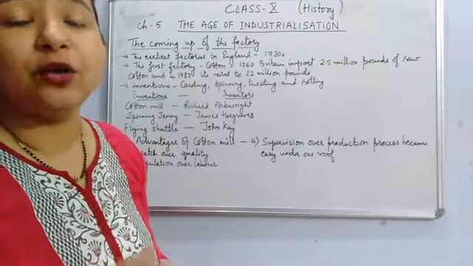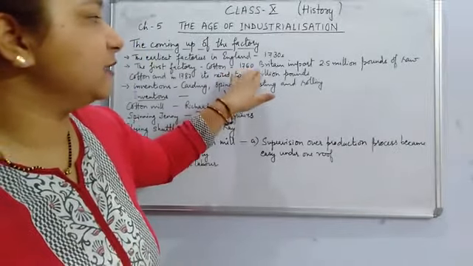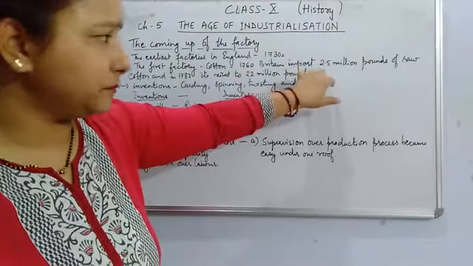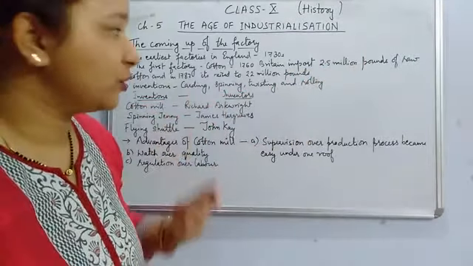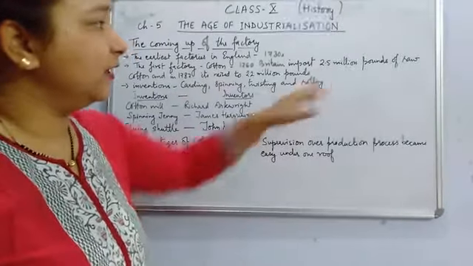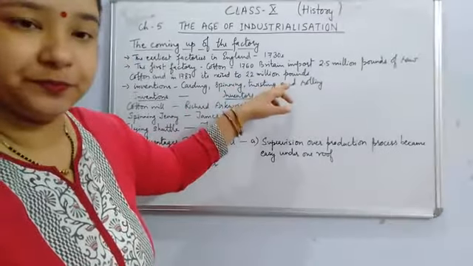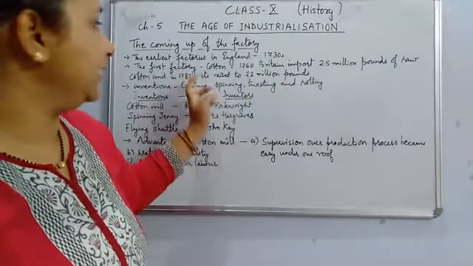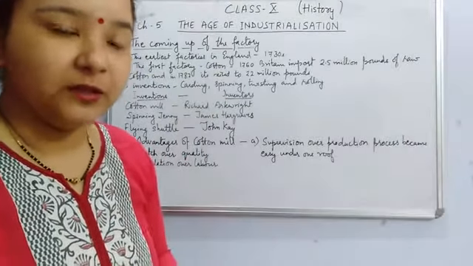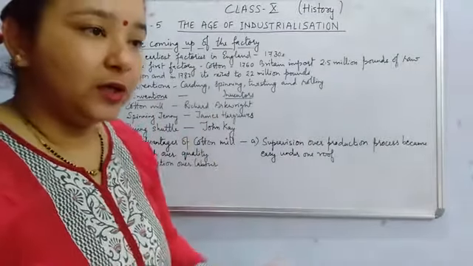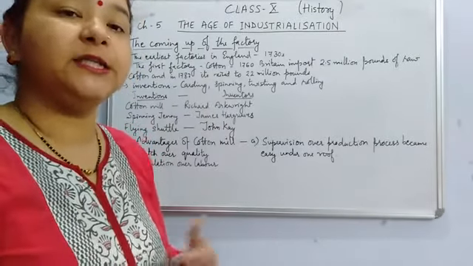That demand was fulfilled from its colonies. This figure rose to 22 million pounds in 1787. Within 50 years, the import of raw material from its colonies increased tremendously.